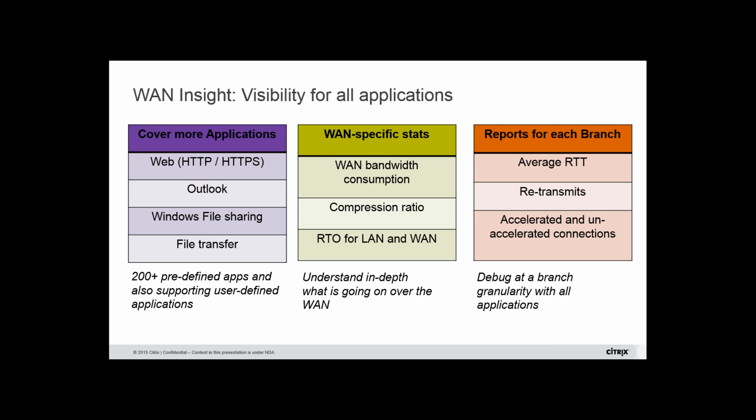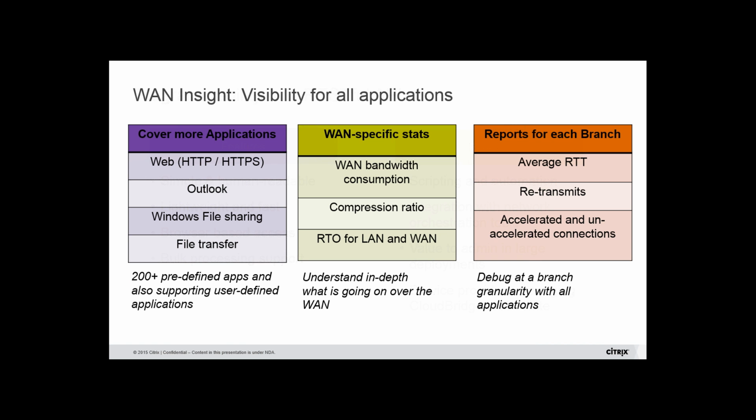Now you can aggregate specific network and application stats at a branch level, and you can figure out if the issue exists only for a particular client, or the whole branch in which that client is residing is suffering from that issue, and accordingly adjust your plan of action on how to fix that issue.